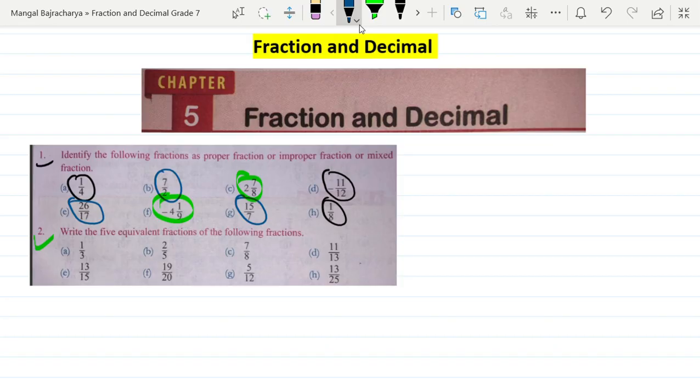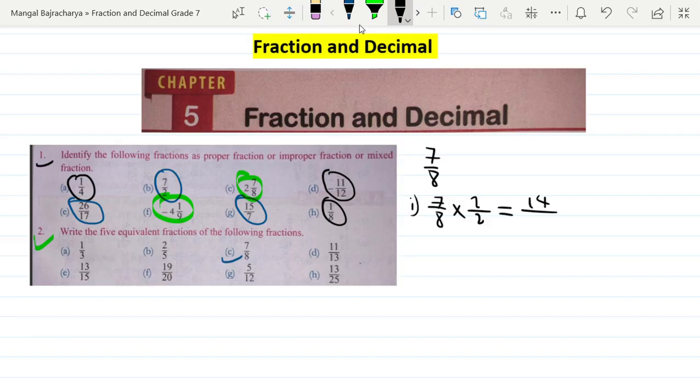So I'm going with number c. Here I've taken 7 by 8 from number c. Now let's go serially by multiplying with a few numbers, the same in both numerator and denominator. You can take easy numbers. So I'm taking 2, and I multiplied both the numerator and denominator by 2.